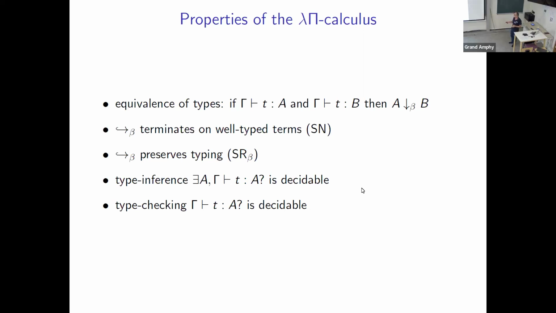Types are not unique, but equivalent modulo beta equivalence. Beta reduction terminates on all well-typed terms. And type is preserved by reduction. And also the problems of type inference and type checking are decidable.